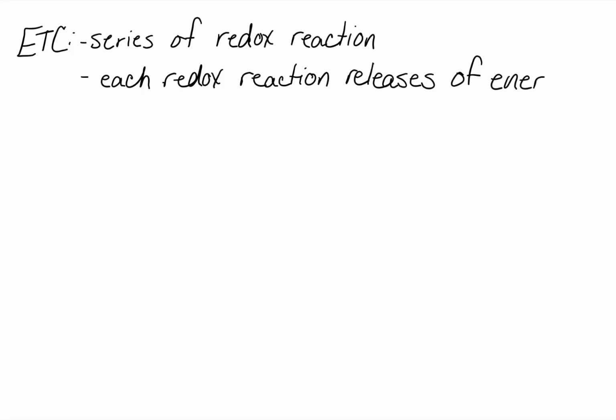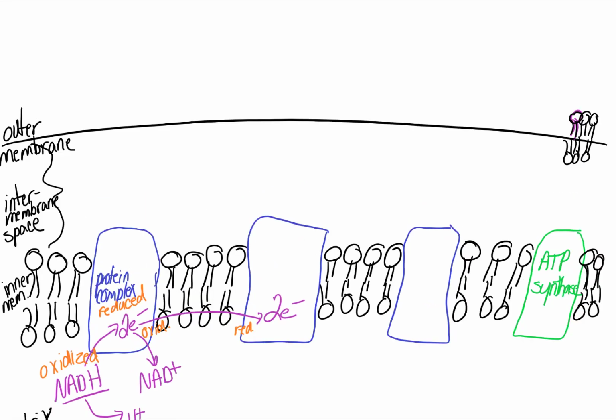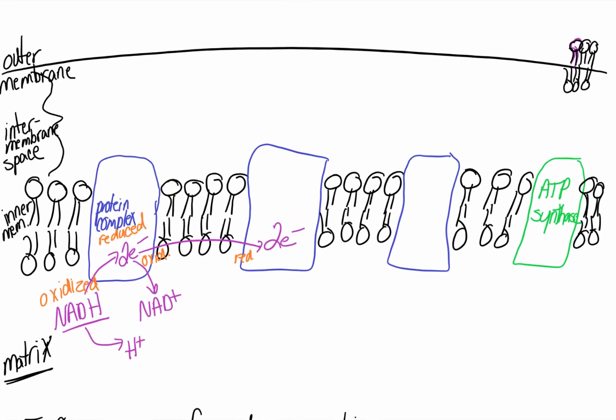This is the same thing that we saw when we reviewed energy in our foundational information, but now we're applying it to the process of cellular respiration, specifically in the context of the electron transport chain. Okay, so this is a pretty simplistic view of the electron transport chain, but it's sufficient for what we need to understand in the context of this particular course.